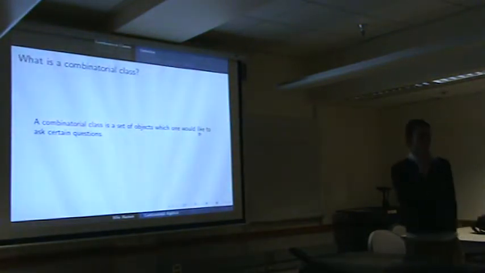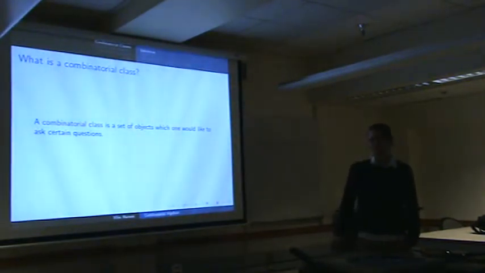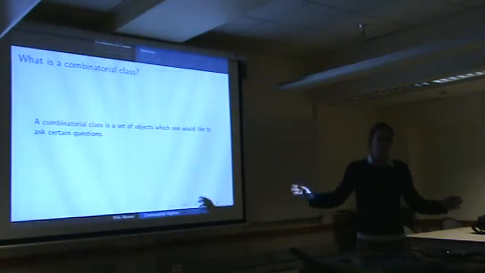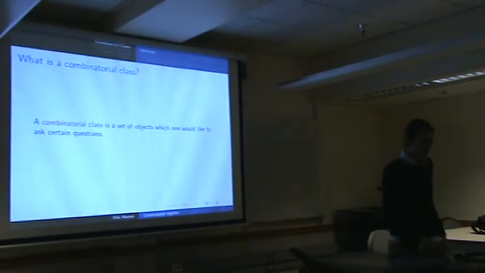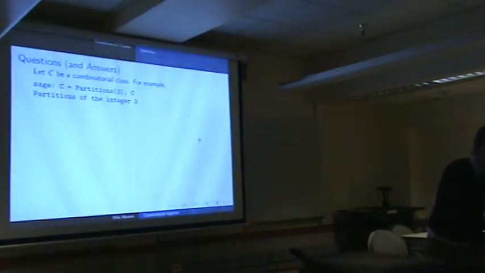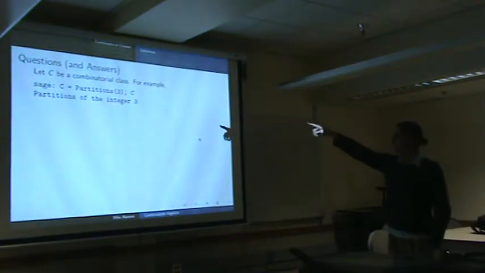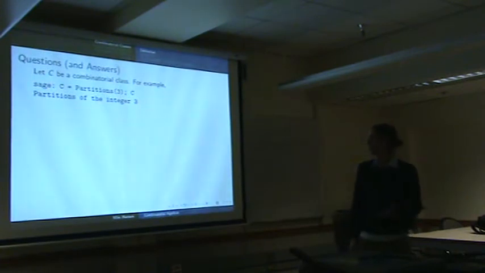So what is a combinatorial class? It's just a set of objects about which one would like to ask certain questions. You could consider all sorts of things a combinatorial class. In this example, I'll let C be all the partitions of the integer 3.